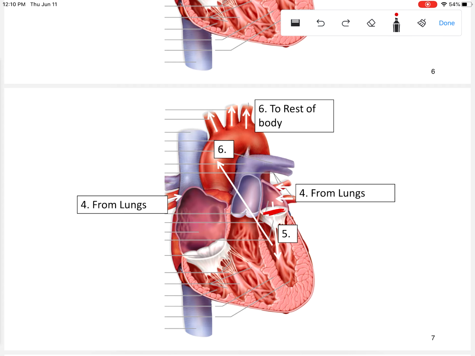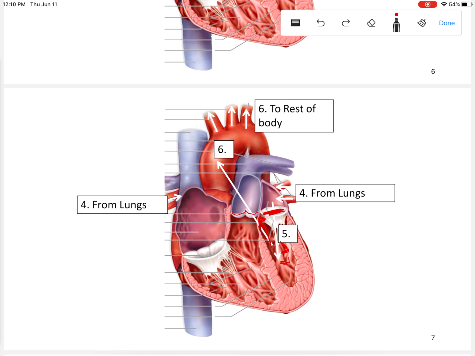Lastly, when the left ventricular walls contract, the bicuspid or mitral valve will be closed. So the only route that this blood has is to go through an open aortic semilunar valve, which is underneath here.